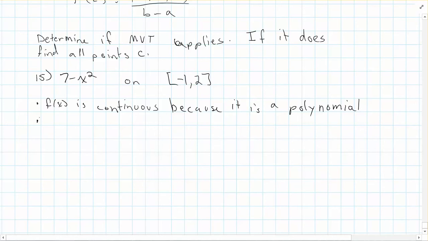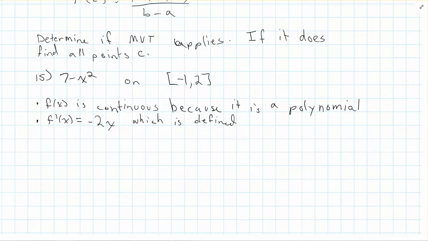And then f prime of x is just equal to -2x, which is defined, which, remember, defined means differentiable on all real numbers.